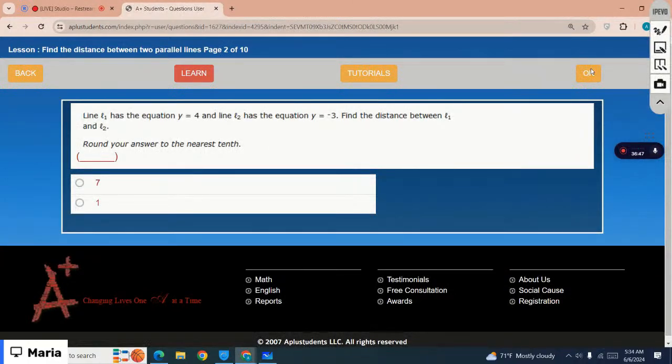Line L1 has y equals 4 and line L2 has the equation y equals -3. Find the distance between L1 and L2. So which is the correct option?